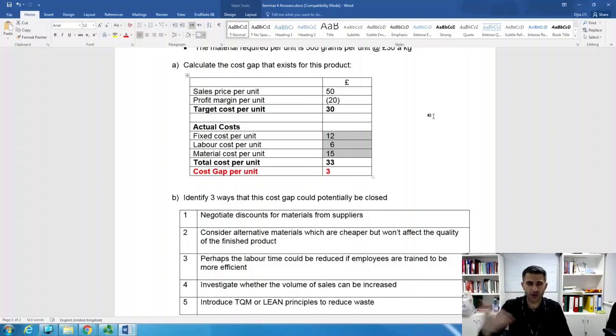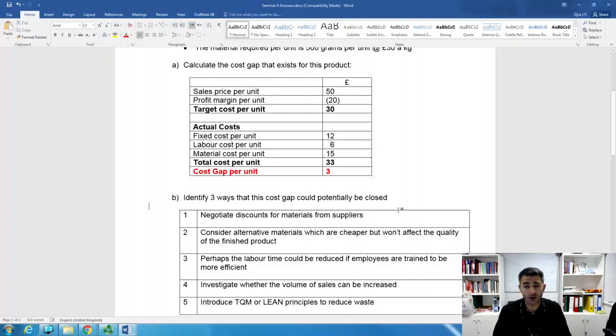If we produce more, the fixed cost per unit will be less. That's the economies of scale concept, isn't it? One of the strategies is value engineering, where we focus on the features which the customer perceives more. Also, we covered Kaizen costing, which can help. All these can really help to close the cost gap.